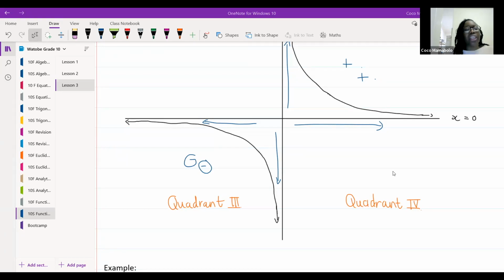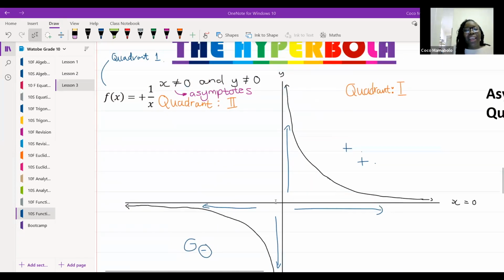Not an equals, a positive. Good, it will give us a positive. So this graph of positive 1 over x will be in quadrant 1 and quadrant 3.